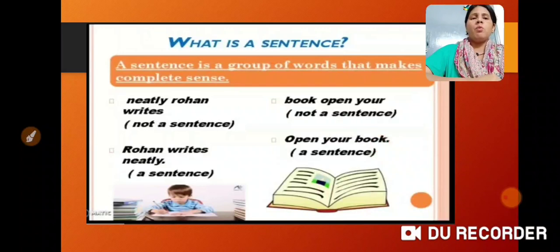So children, what we came to know about a sentence, that what is a sentence? A sentence is a group of words that makes a complete sense. Any group of words is called a sentence only if it makes sense.